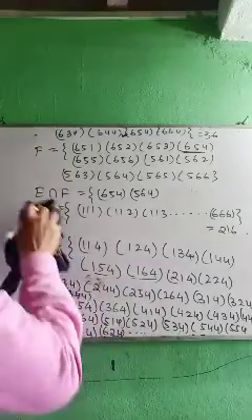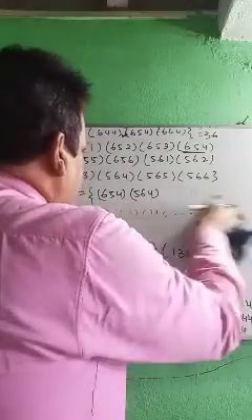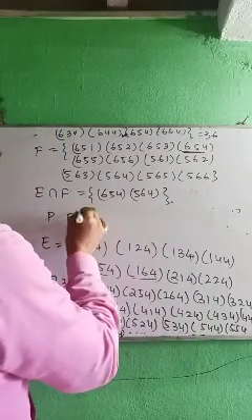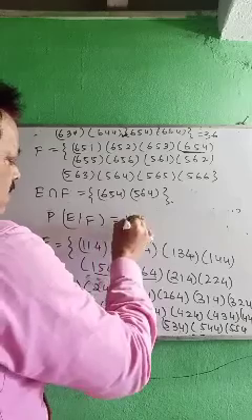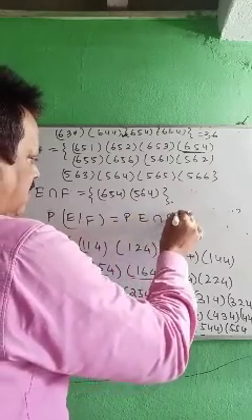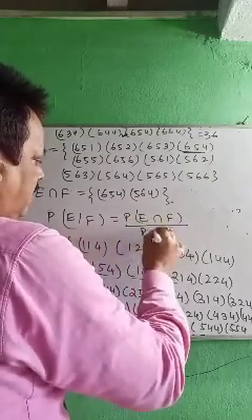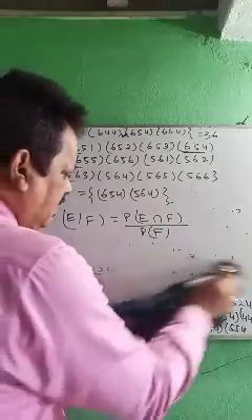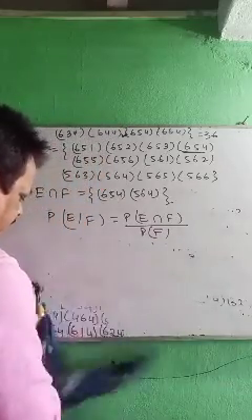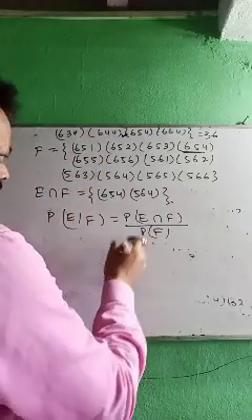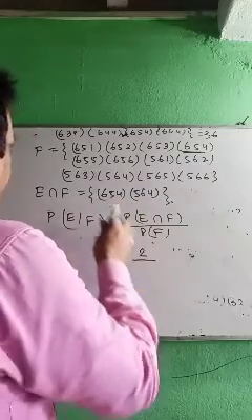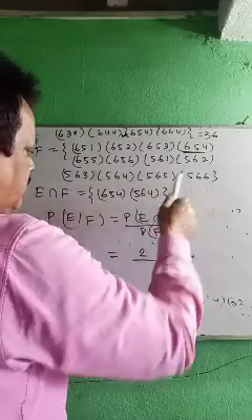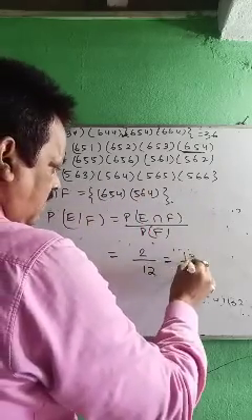Then probability E condition F is probability E intersection F by P(F). P(F) will be 12, that is 1 upon 6.